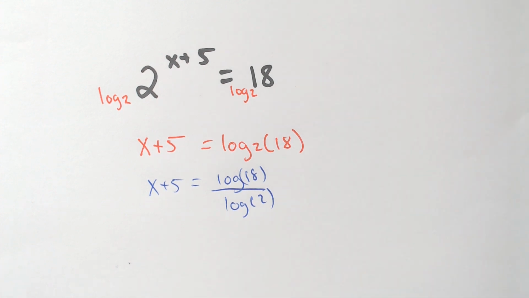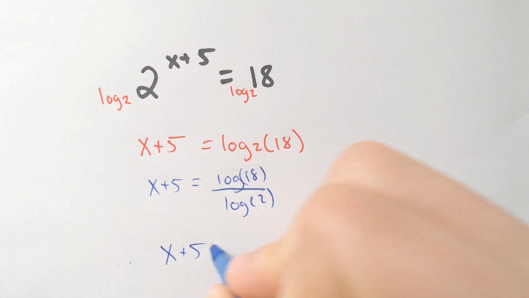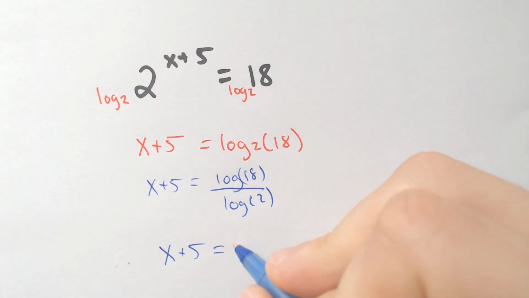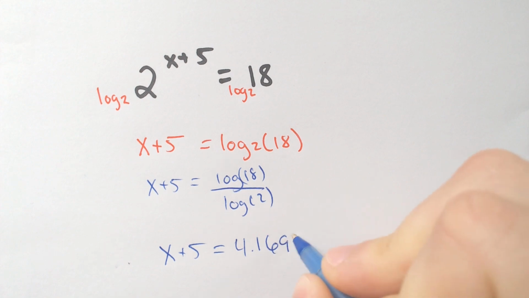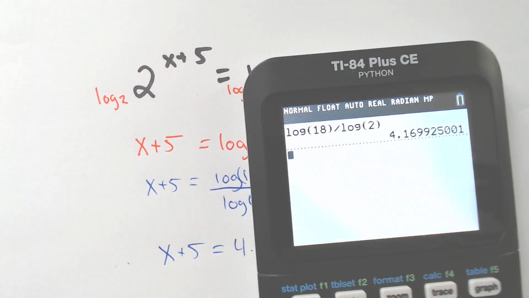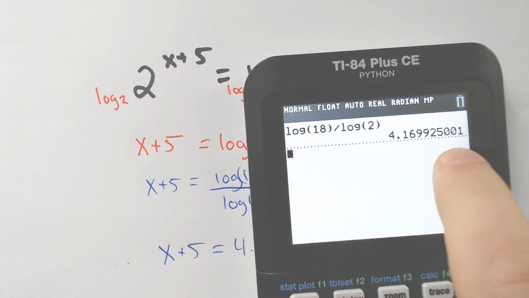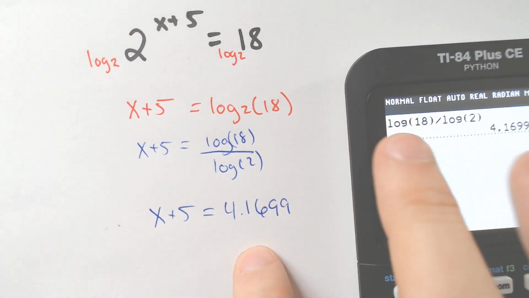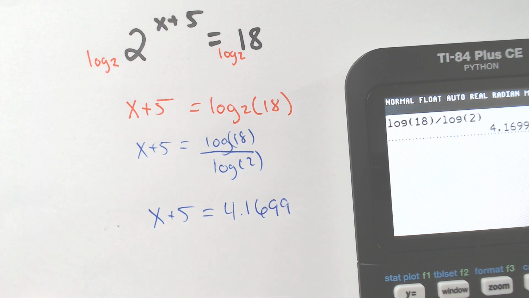Here is where you really need to start relying on your calculator because these are important decimal places. One tiny difference in the decimal place messes up your answer significantly. So 4.1699, I would store that information in my calculator. I wrote it down, but I'm storing it in my calculator. I need to subtract 5 from this to get my final answer.